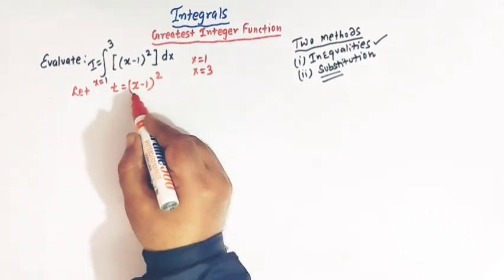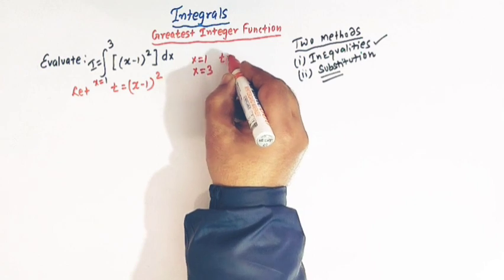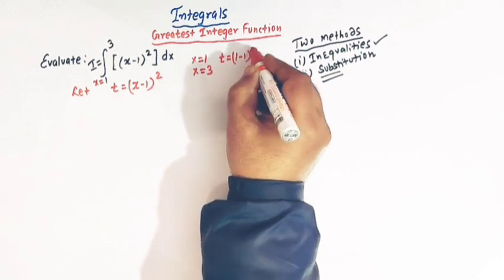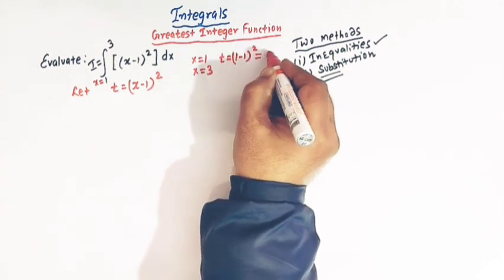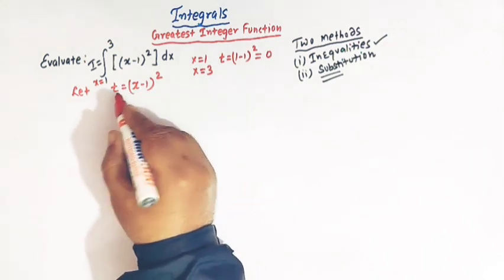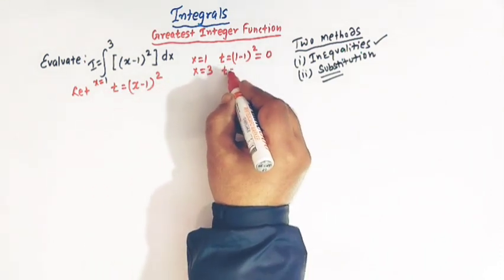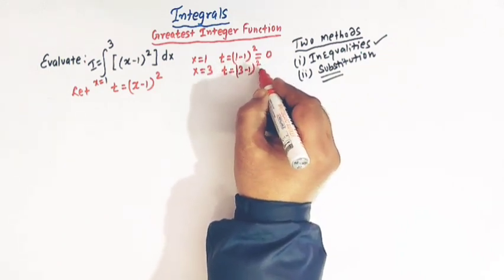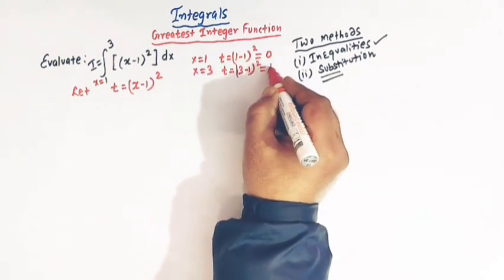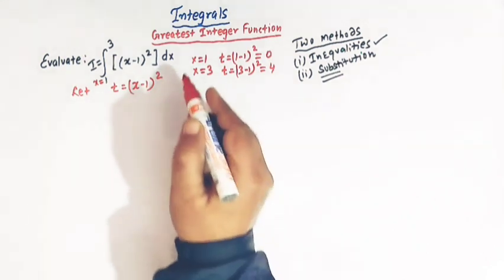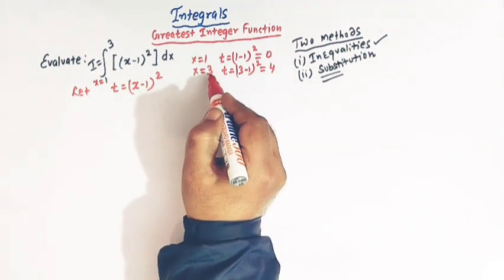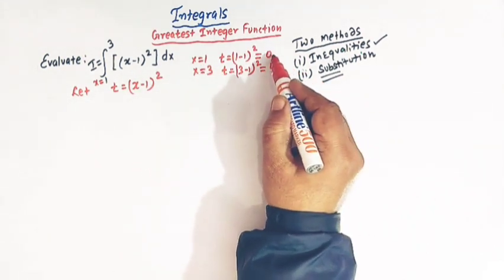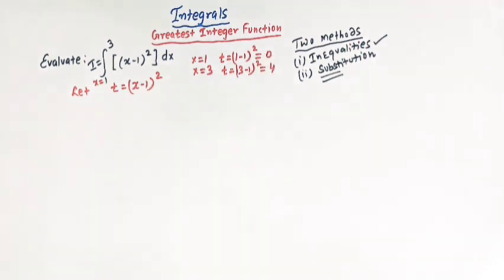When x is 1, t is (1 minus 1) whole square, that is simply 0. And when x is 3, t is (3 minus 1) square, that is 2 square, which is 4. So when x varies from 1 to 3, t goes from 0 to 4.